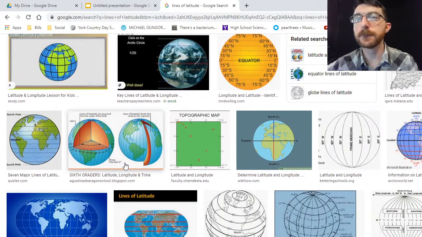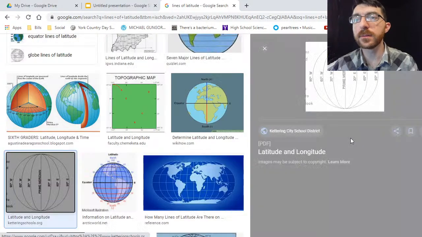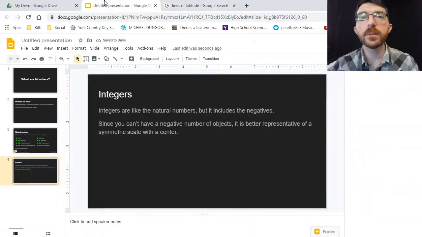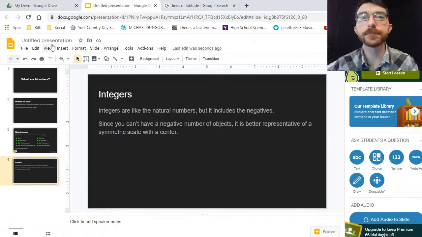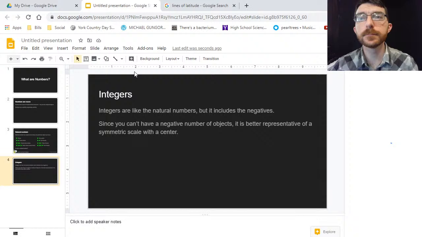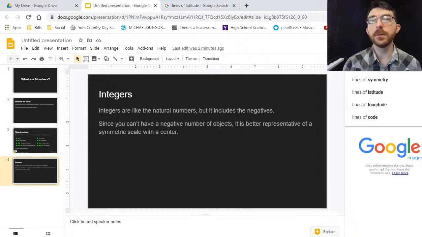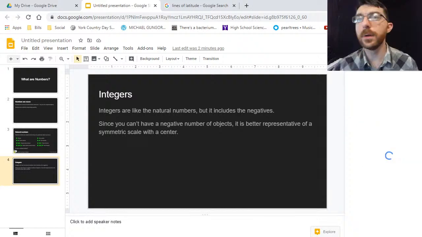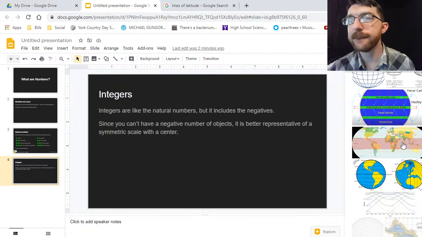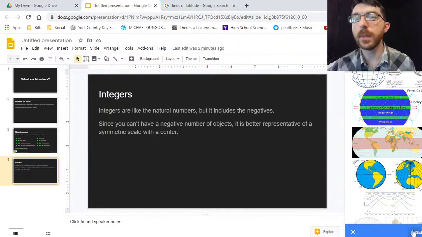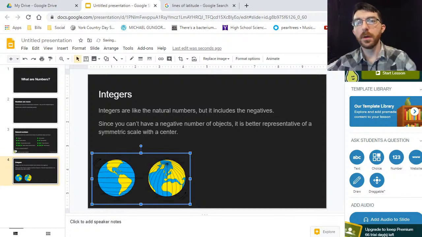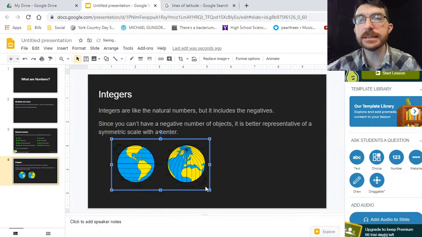All right, let's see. I mean, I like this. Let me see if this search will come up with something. Lines of latitude. You know what? I think I'm going to go with this one. It's the right aspect ratio. Ooh, it's hard to read.